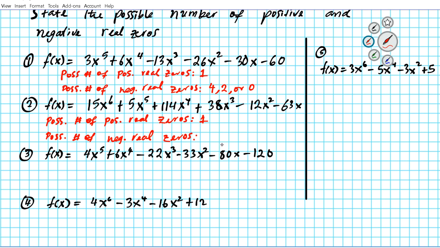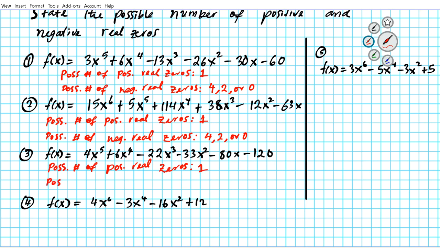In this case, it's either 4, counting down by 2, 2, or 0. For number 3, the possible number of positive real zeros is the number of sign variations for the original function f of x, only one sign variation.